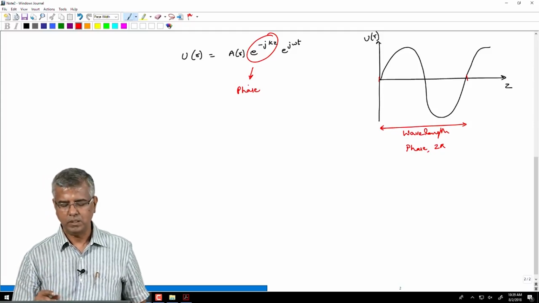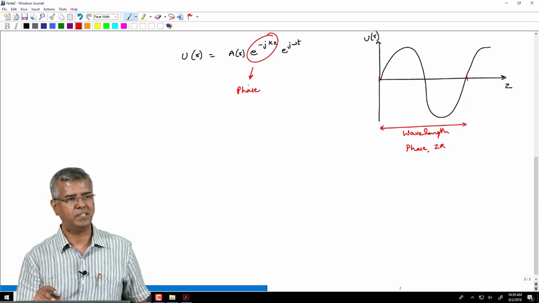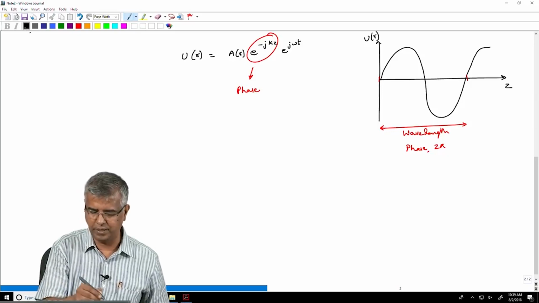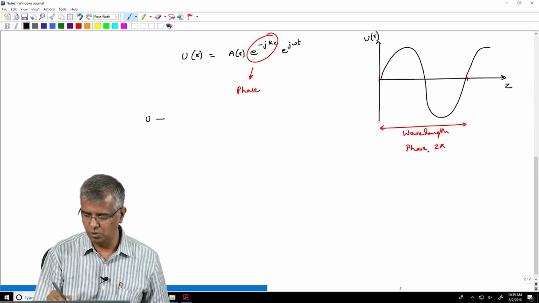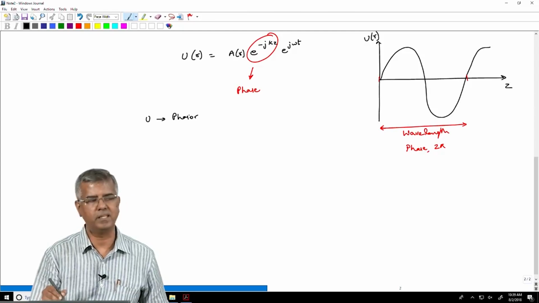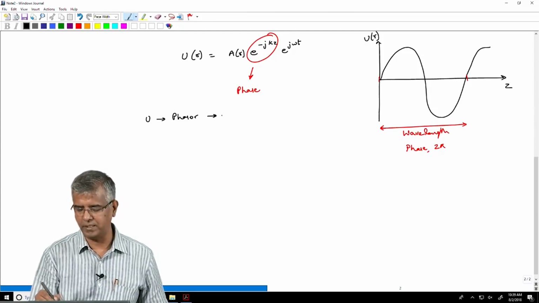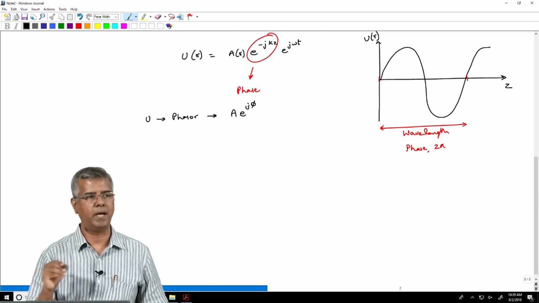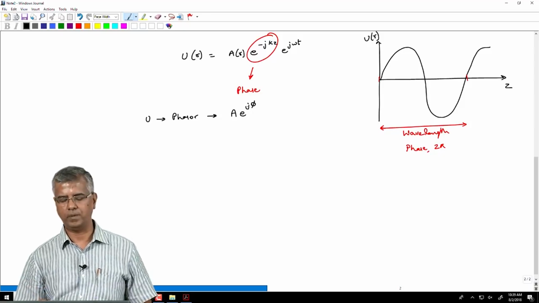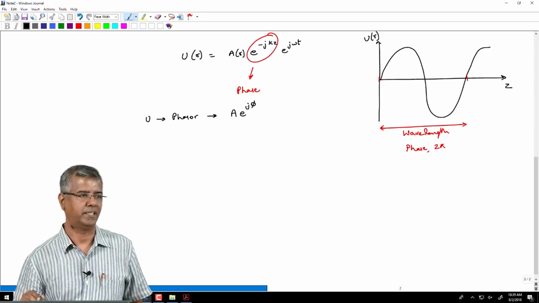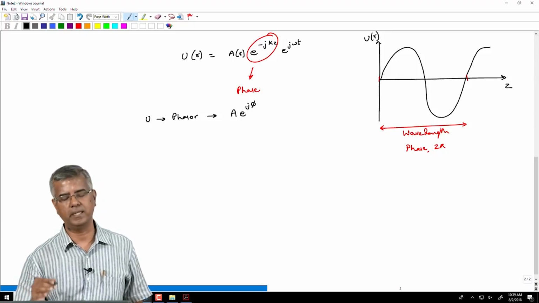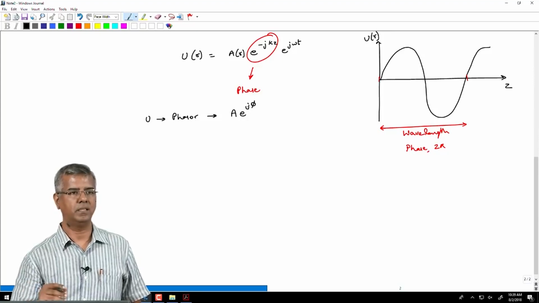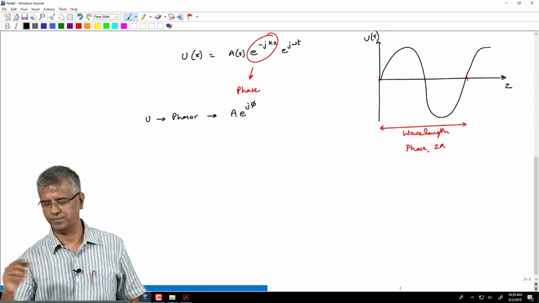So, we can choose to consider the wave as a phasor. u can be considered as a phasor, which means the representation is amplitude A multiplied by e power j phi, because we are interested in tracking the phase, which is changing during the propagation of that light.